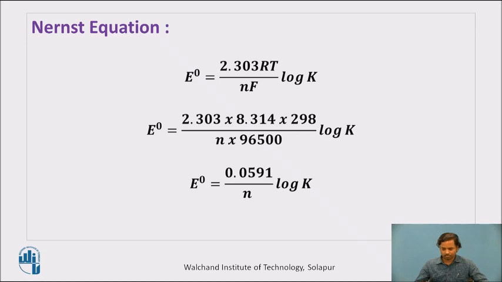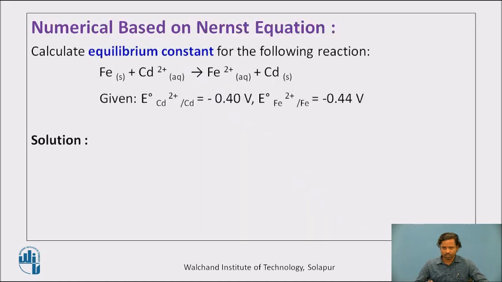Let's see some numerical based on the Nernst equation. The numerical is: calculate the equilibrium constant K for the following reaction.